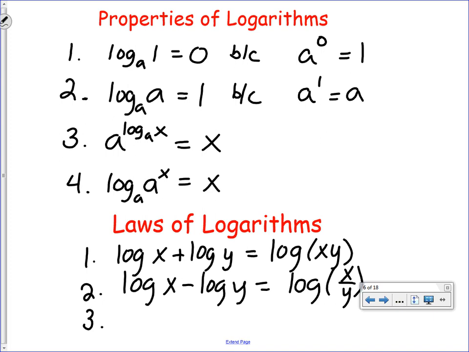And then the third one has to do with a constant multiple times the logarithm. Basically we can take that multiple and move it to an exponent, so this would equal log of x to the c power. And again, these 3 laws work for any base, so it doesn't matter what the base is.